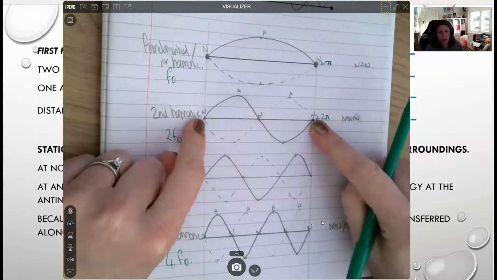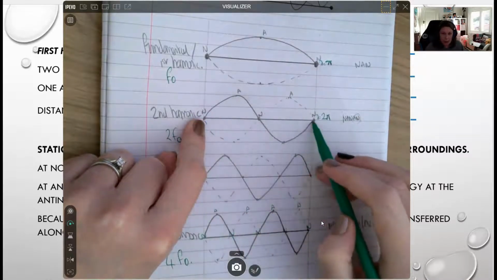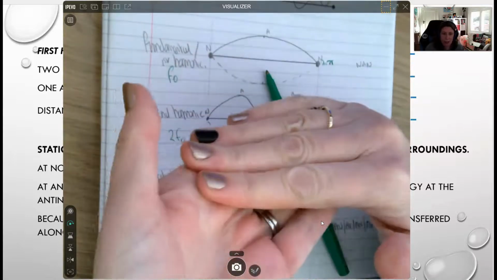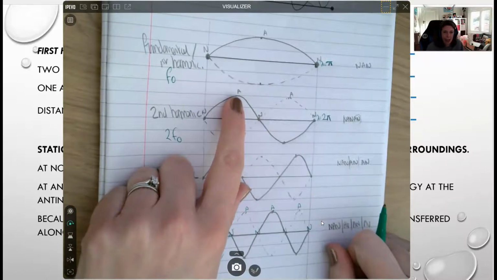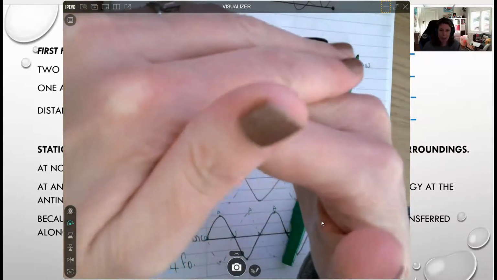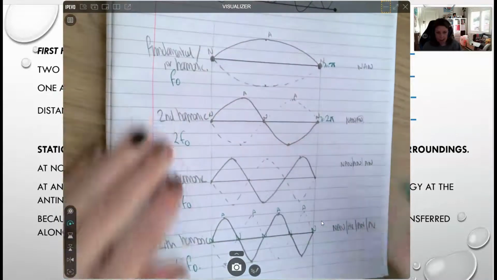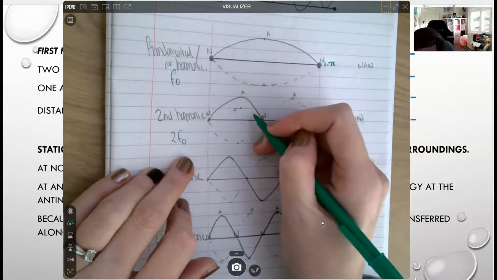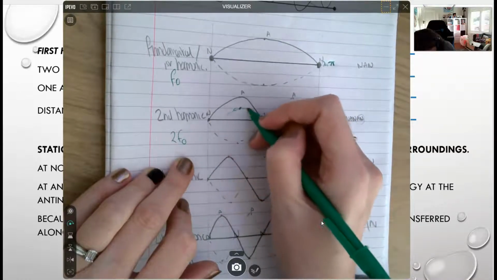At the nodes here, you've got a wave going this way and a wave coming this way. And at this point, they've met and there's a peak and a trough and they've cancelled each other out. So you get nothing. At this point, when they met, they were both at a peak. So you got a greater amplitude. It's like the wave coming this way is at a peak here, and the wave that was going this way was at a peak here too.